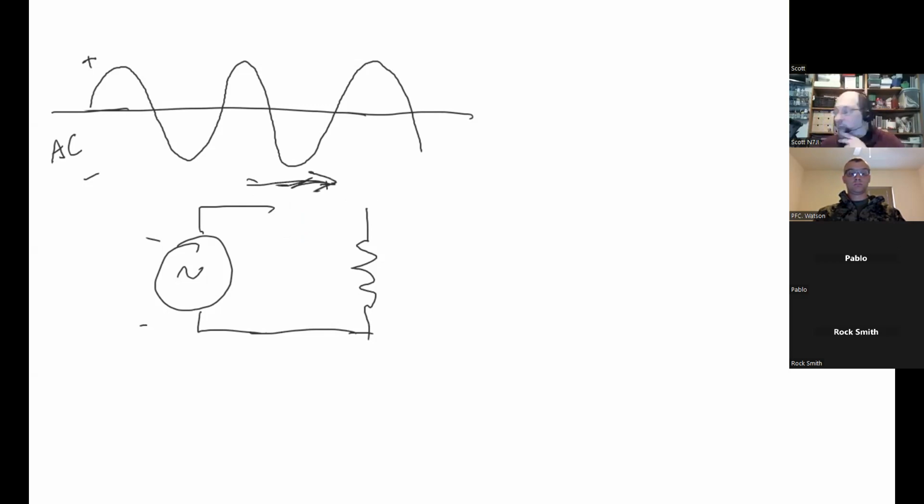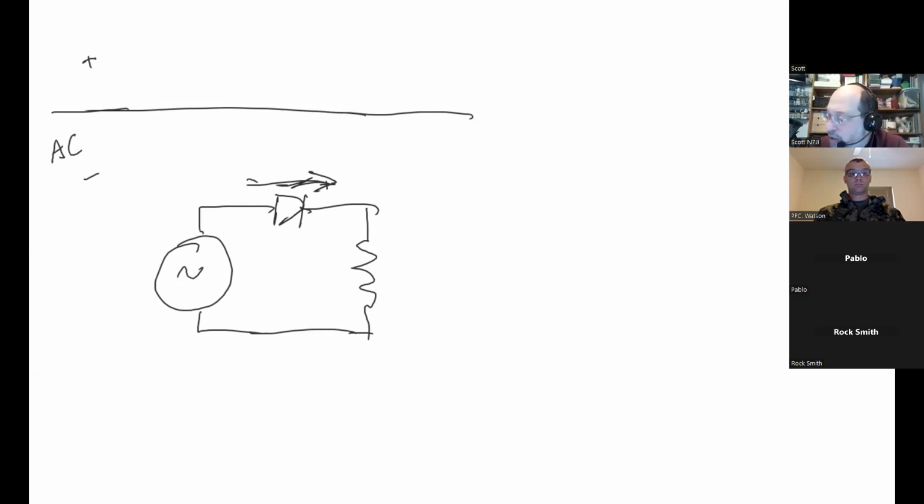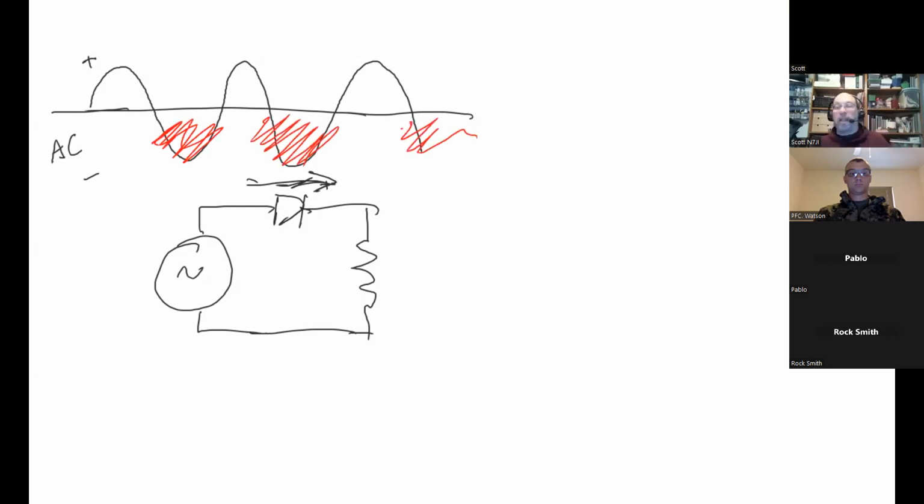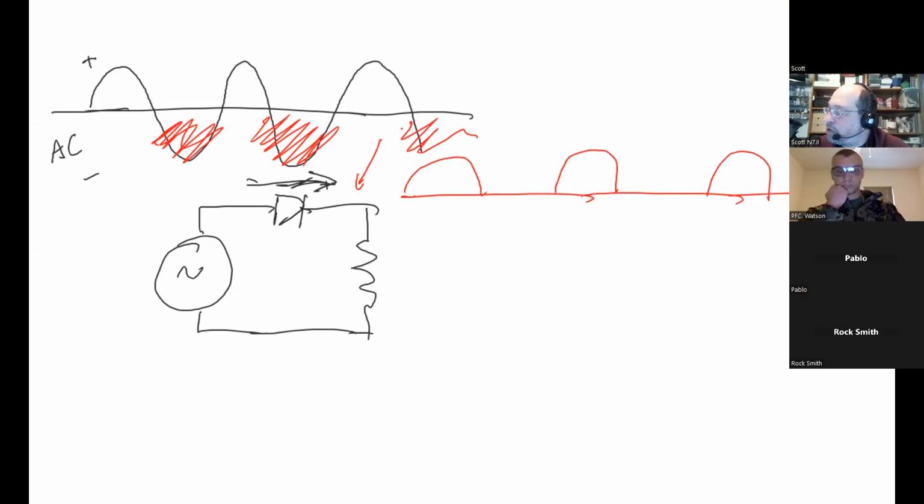And it only conducts for half of the time, whenever the voltage goes in the right direction, which basically means that this voltage that we are putting in, when it comes out, this stuff on the bottom is now gone. Over here, what we end up with is something that looks like this, which is just the tops.